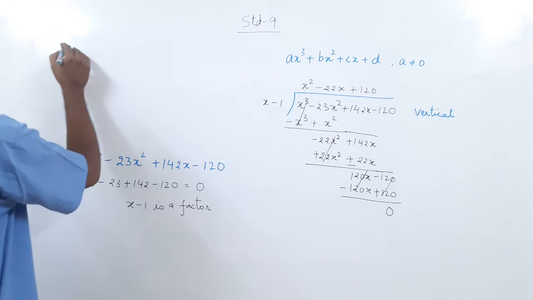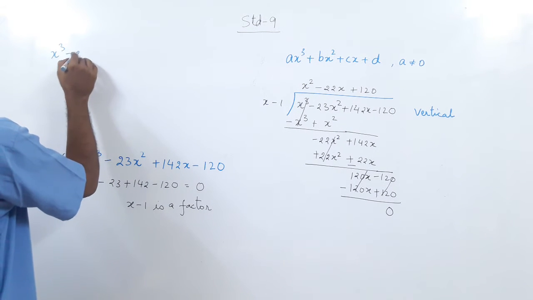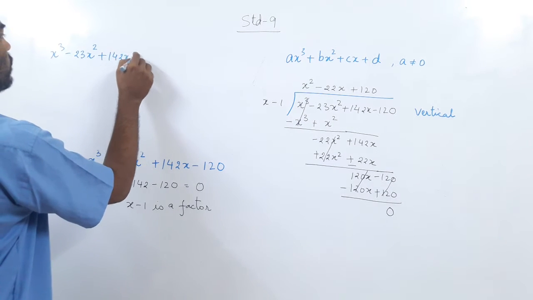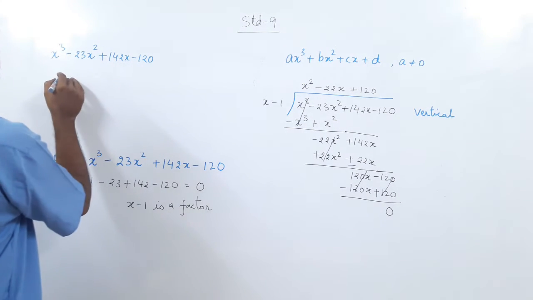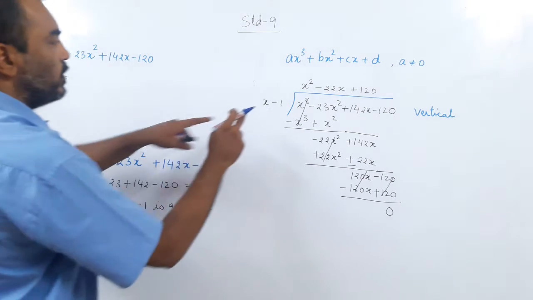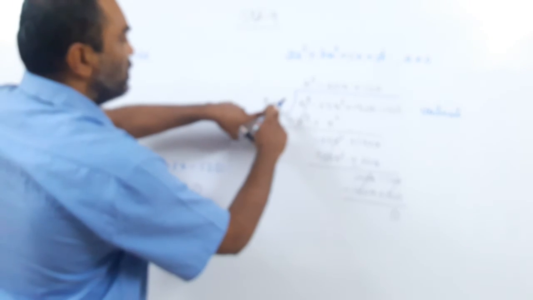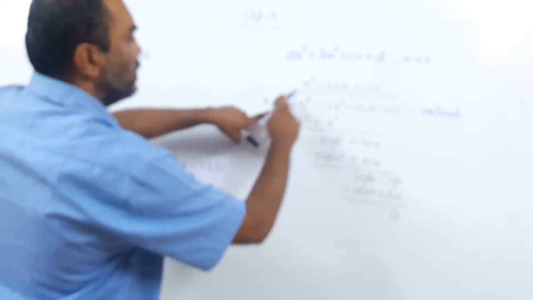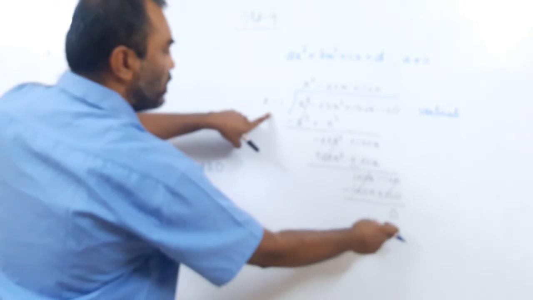So the polynomial was what? X cube minus 23x square plus 142x minus 120, which can now be written as what? We can write this as dividend. Sorry, this dividend can be written as divisor into quotient plus remainder.